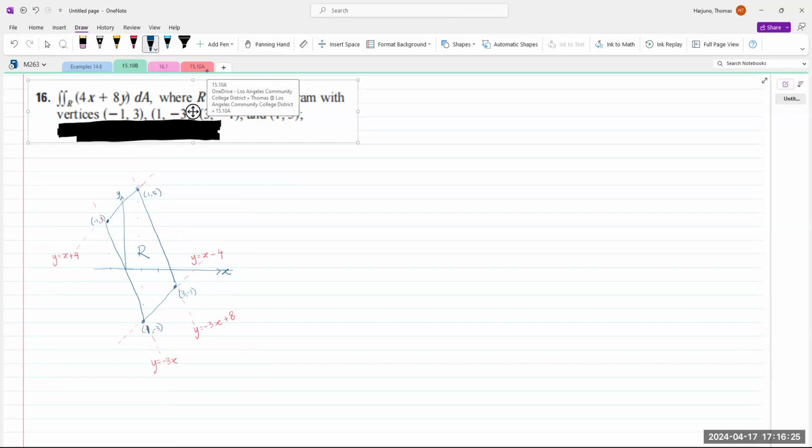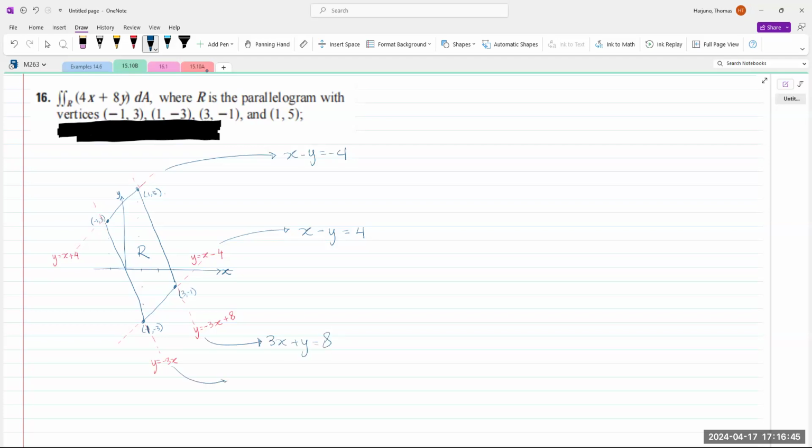For example, this guy here, I will make it x minus y equals 4. This guy here is x minus y equals -4. This guy here, 3x plus y equals 8. And this guy here is 3x plus y equals 0.